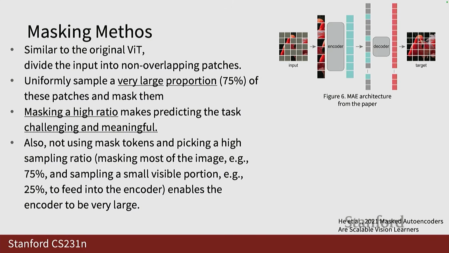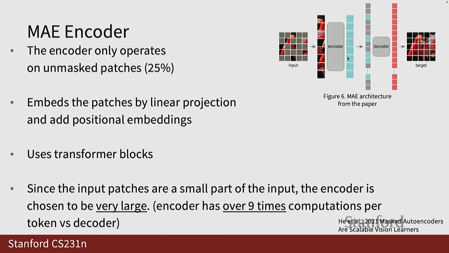So with that high ratio of sampling, they can actually augment the data by a lot too, because each time you mask 75% of the data. So you can reuse the same image multiple times during training. So you will have so much data to train this encoder with. And that's why they use a huge encoder, a large ViT as their encoder.